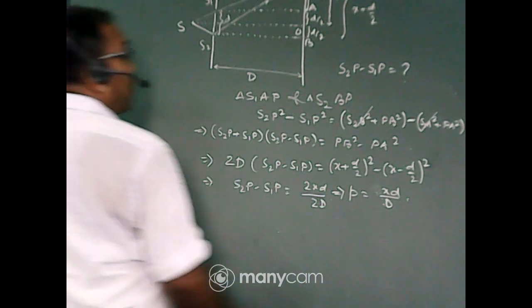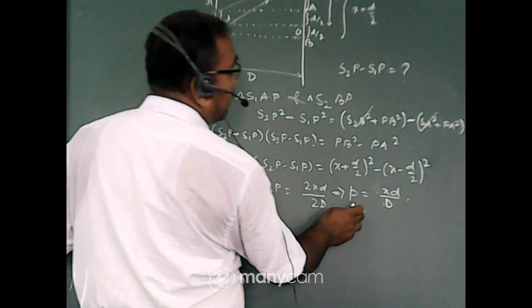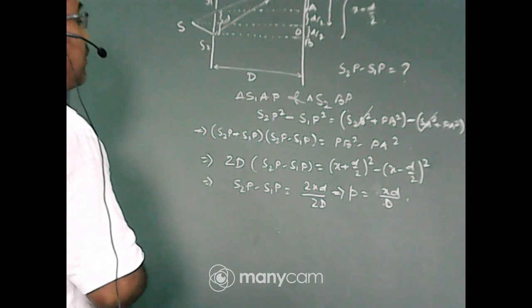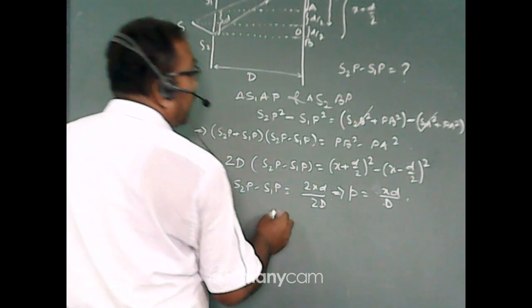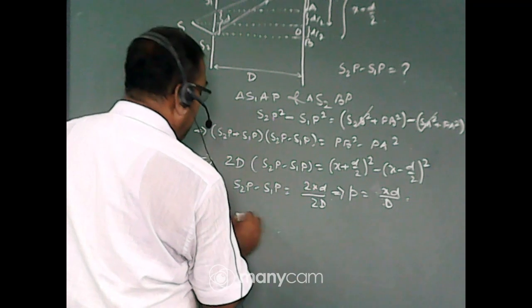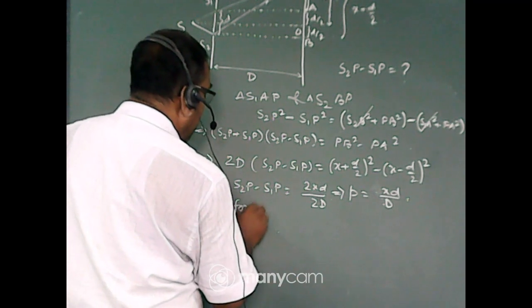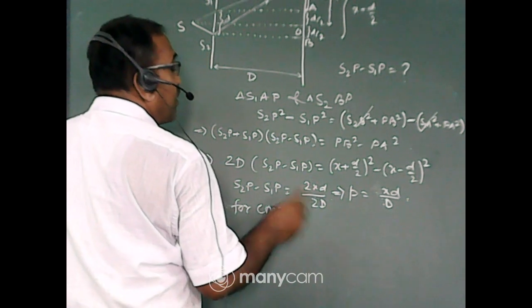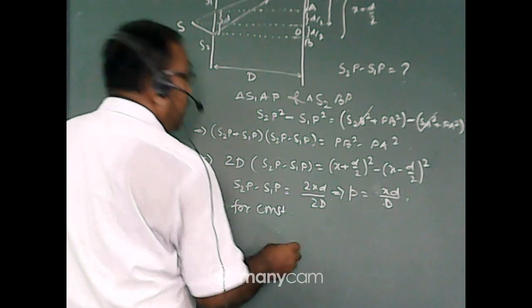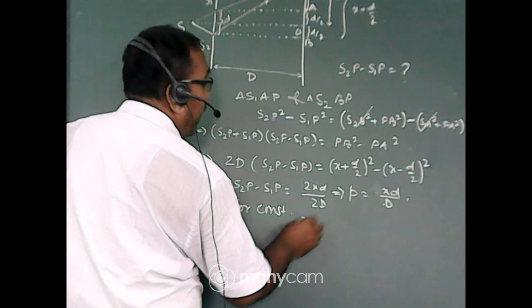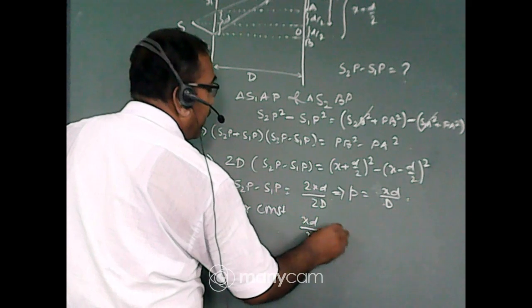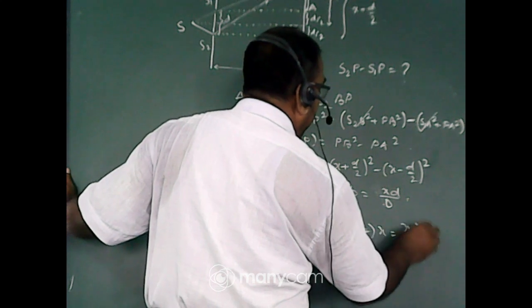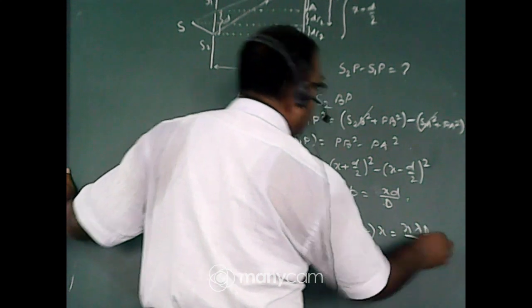For the condition for constructive interference, xd by D equals n into lambda. Therefore x equals n lambda D by small d.